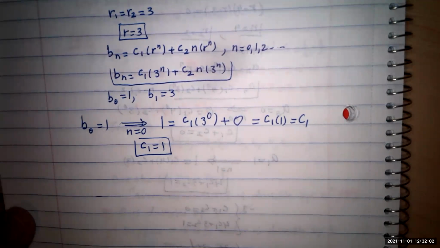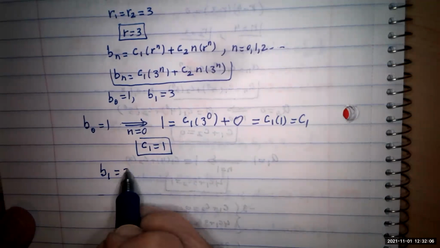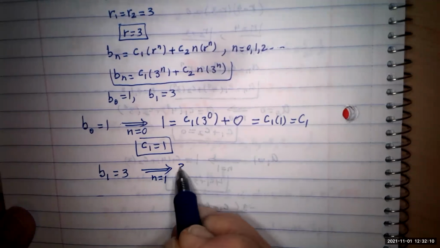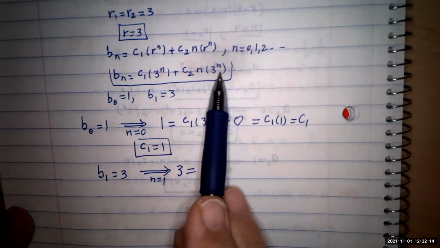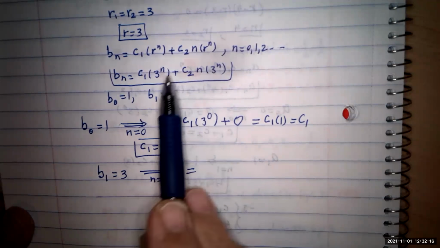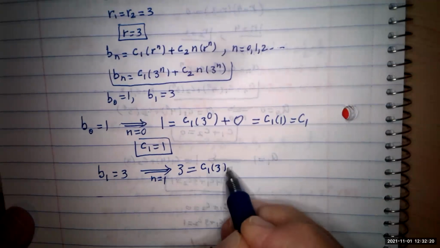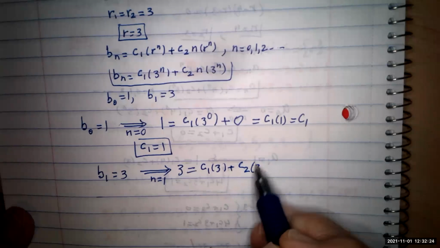Okay, question. b_1 equal to 3. So n equal to 1 here. C1 times 3 plus C2 times 3.